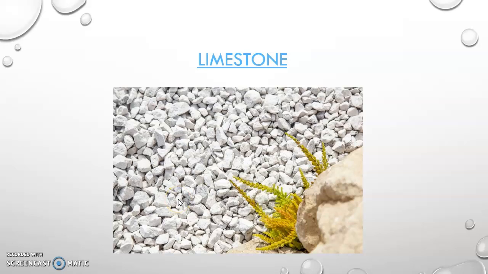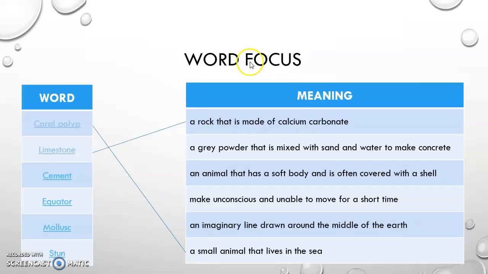Next, the next word, cement. What is the meaning? A gray powder that is mixed with sand and water to make concrete, right? This is the material used to make buildings. I think this is quite easy for you.